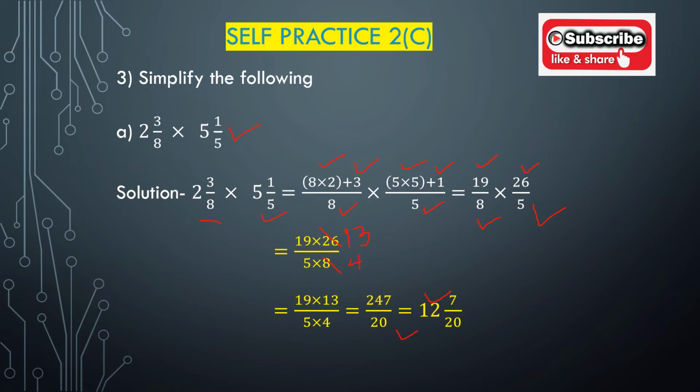Now we get 12 2/3, where 12 is the quotient, 2 is the remainder, and 3 is the divisor.